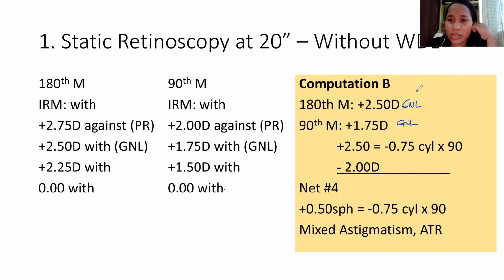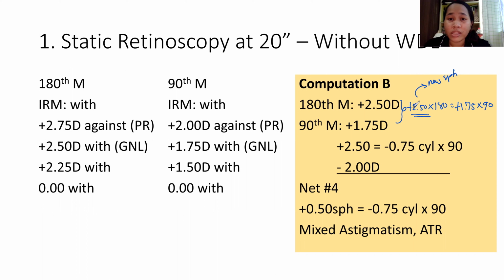So what happens is, you do the cross cylinder: 180 combined with plus 175, 90. You do the spherocylinder. You will choose the new sphere as the more plus, less minus. So 250 is the new sphere.